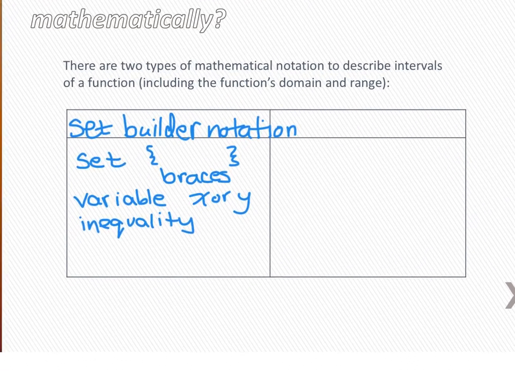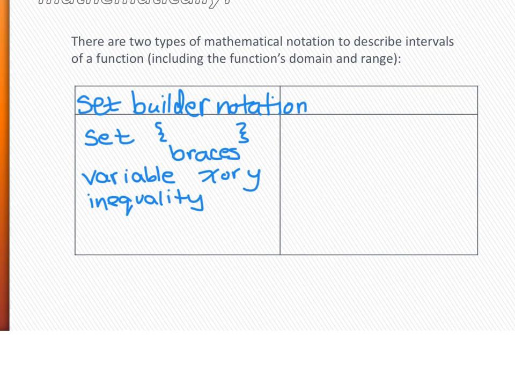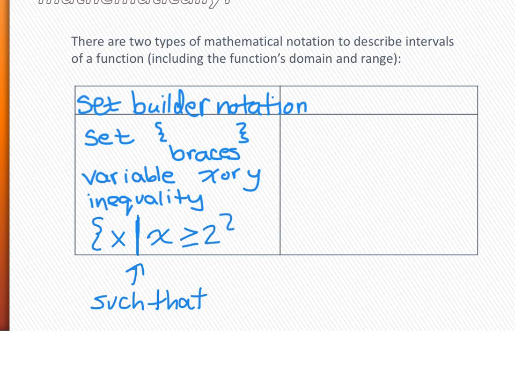So, for example, we could say the set of all values of x such that, and this vertical straight line translates to such that, x is greater than or equal to 2, for example. That could be a set builder notation for a particular interval.